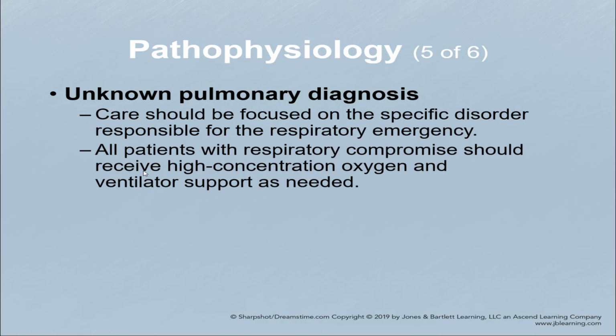Remember what diffusion is: higher concentration to lower concentration. So if we breathe in 21% oxygen every time we breathe in, and that's not working, let's increase the amount of oxygen in the lungs, which is going to increase the partial pressure, and that's going to force it through. And then we can add adjuncts to that, such as pressurization like CPAP, BiPAP, and so on.